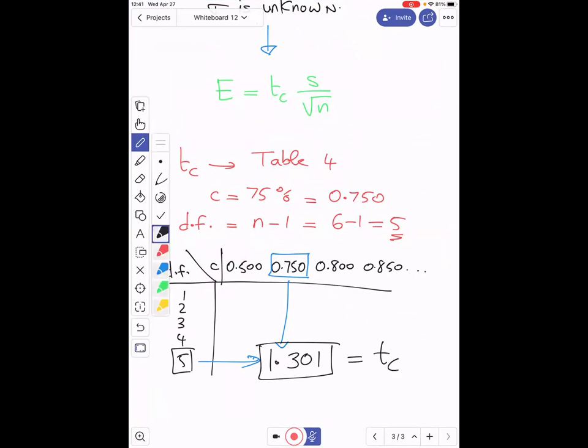Once you get your T subscript C, then you're done, because S is what we computed in part A, and N is equal to 6.